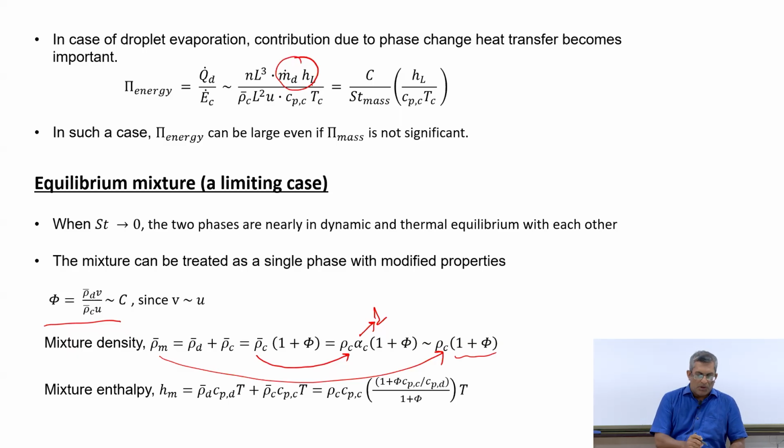But this is a limiting case, the case of equilibrium mixture. In practical applications, unfortunately, we don't have this scenario, and we have to treat the two phases separately, and also we have to account for their interaction.